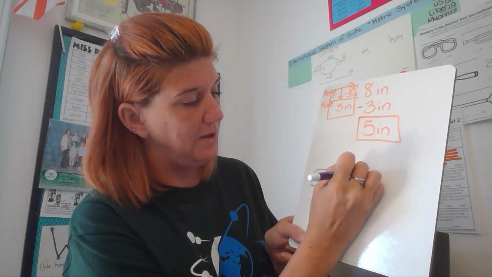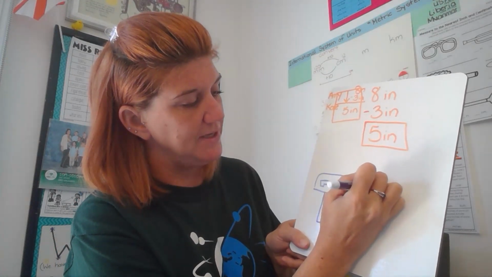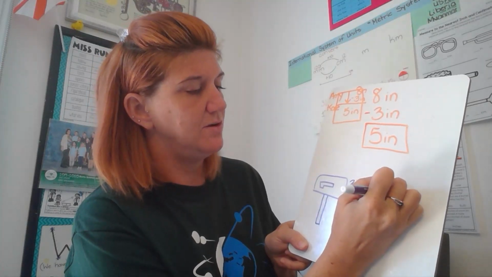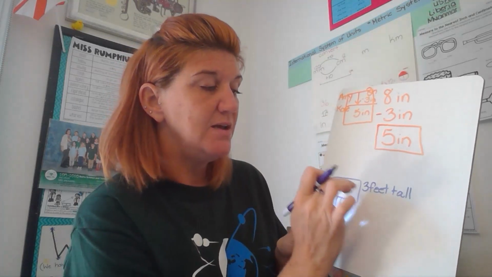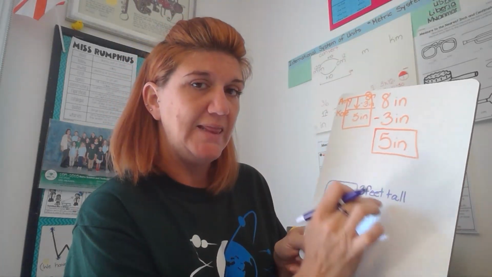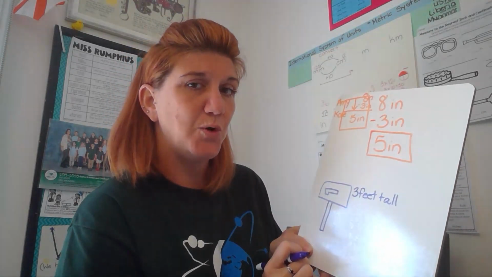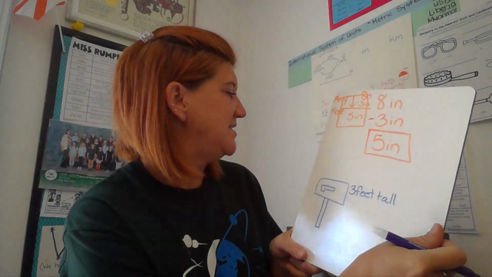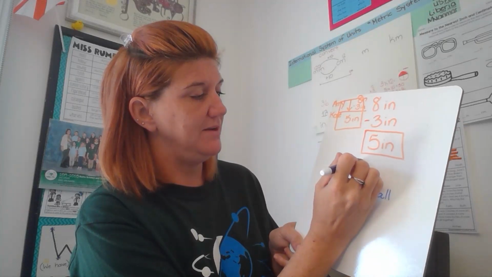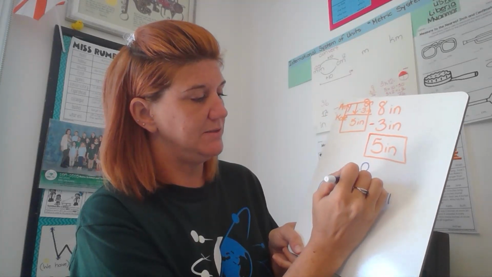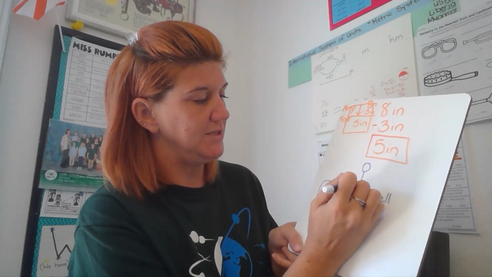So her whole mailbox is 3 feet tall. And there's no point in drawing the picture in math class if you're not giving it the details of the mathematical word problem. She is 2 feet taller than the mailbox. So I'm going to draw Bethany standing behind the mailbox, maybe even reaching into it.